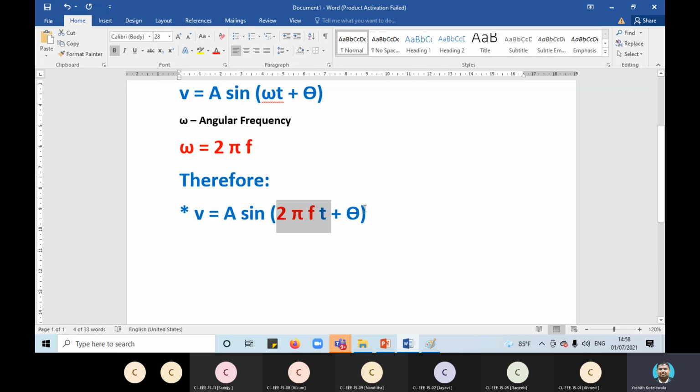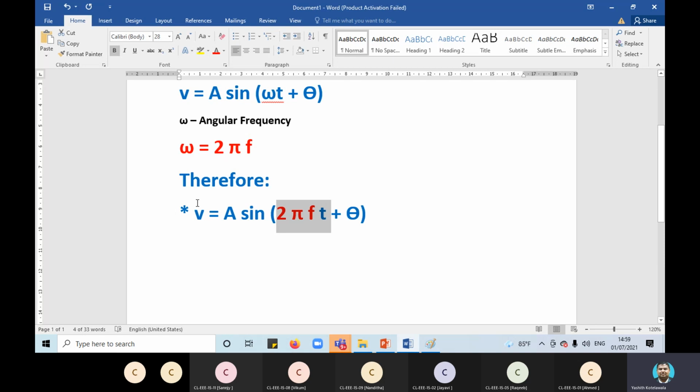So the entire expression within the bracket is completely an angular outcome. So sine of an angle, right? You don't have to worry about having frequency and time here. Even though you have a time component as a mix, at the end of the day you get an angular outcome. So angle plus angle is an angle, sine of an angle.